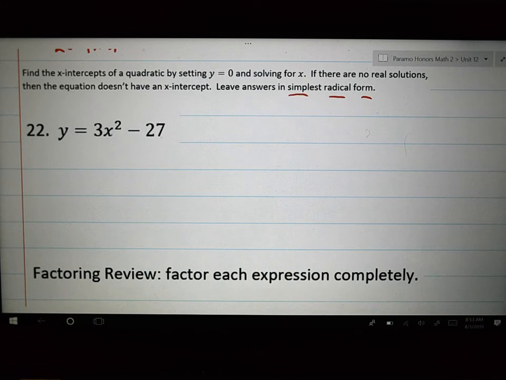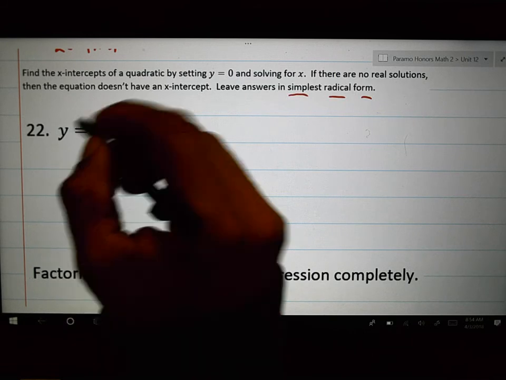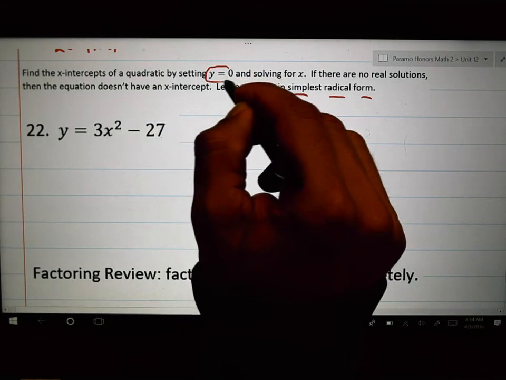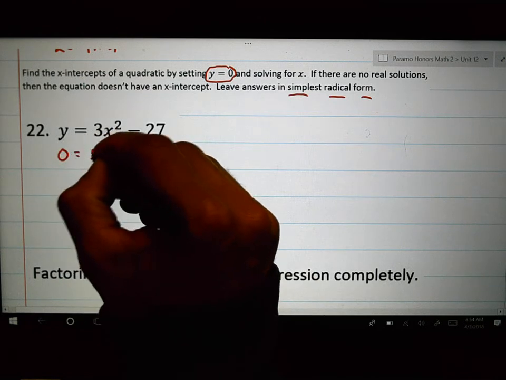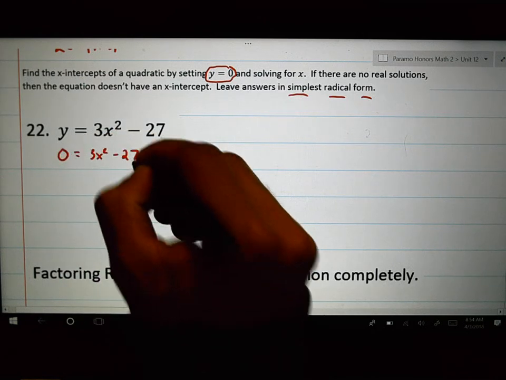How are we going to solve it if the b is 0? If b is 0 and there's no b value there, I'm going to solve by square rooting. It even tells me how to start this problem. It tells me set y equal to 0, which is how we're going to do most of the problems.